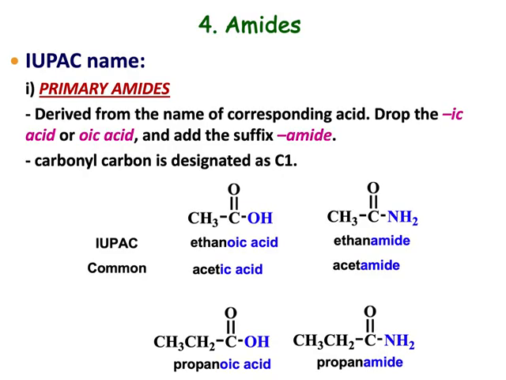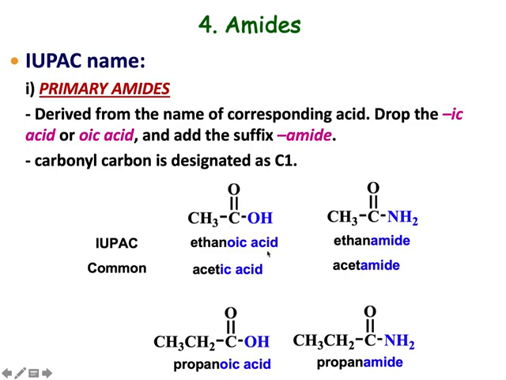For amide, amide is the next derivative of carboxylic acid. For the IUPAC name of a primary amide, drop the oic acid and add the suffix amide. Carbon is designated as carbon 1. For example here, C double bond O, this acyl group attached with OH is a carboxylic acid, so the IUPAC name is ethanoic acid.